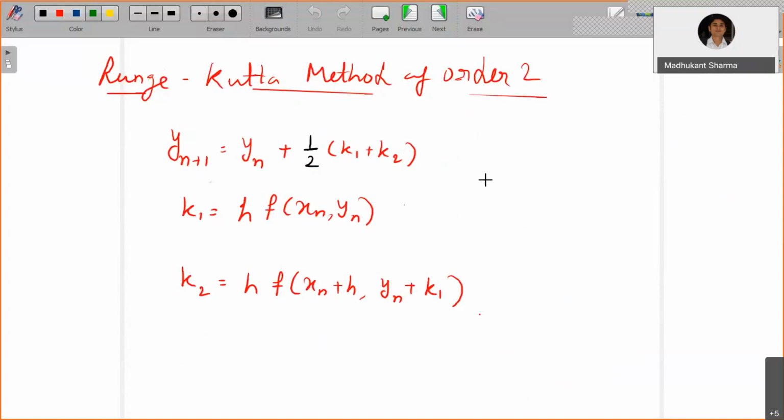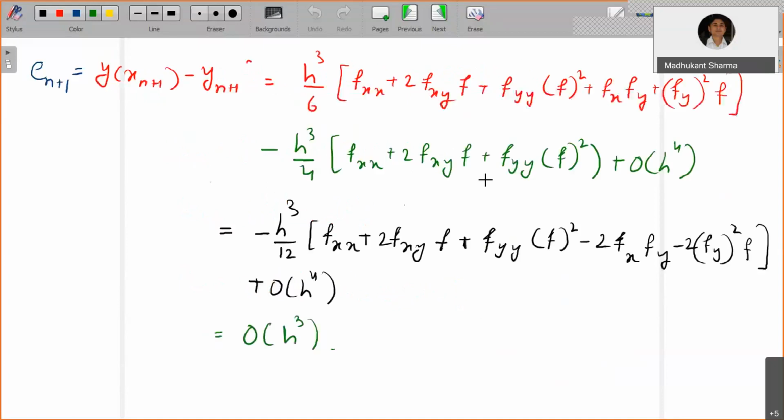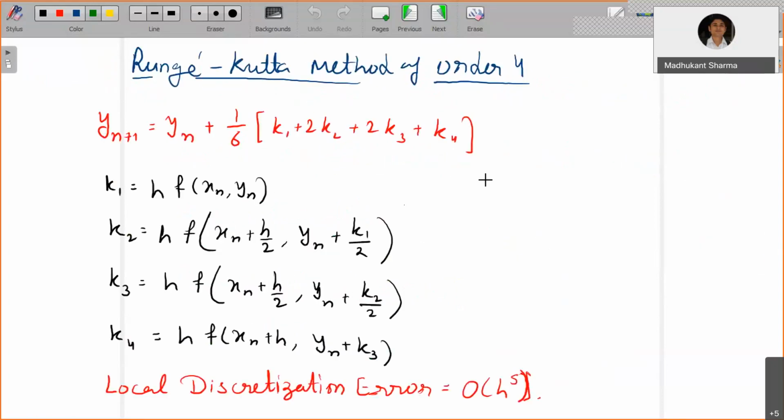The method is similar, but it will be very lengthy, so we are not going to accommodate those messy things here. We are going to directly state the Runge-Kutta method of order 4.